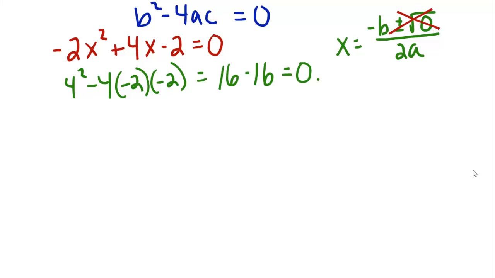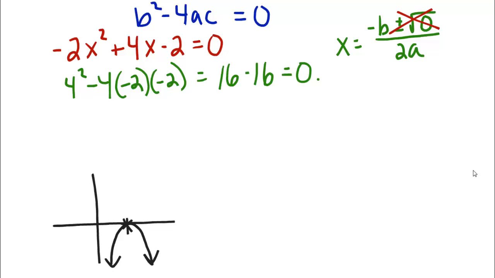So if the vertex is also an x-intercept, that means our parabola is just sitting on the x-axis. So something like this. We only had one solution, and it was right here, and it also is the vertex.